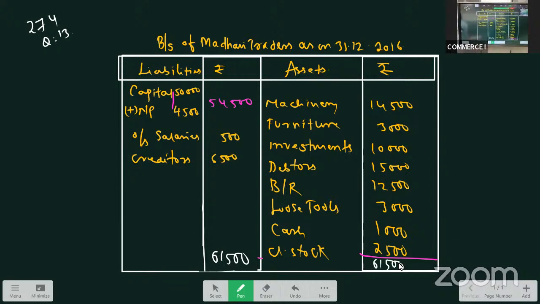See, both the liabilities and the asset side totals are the same.